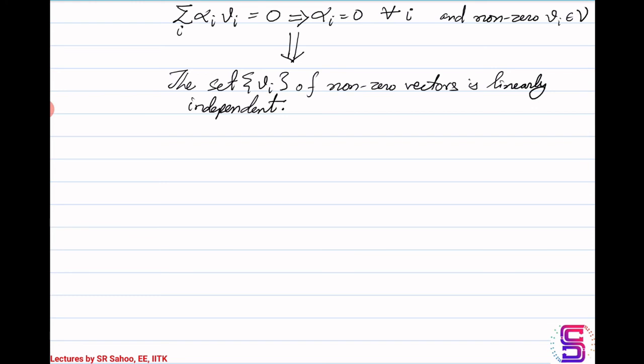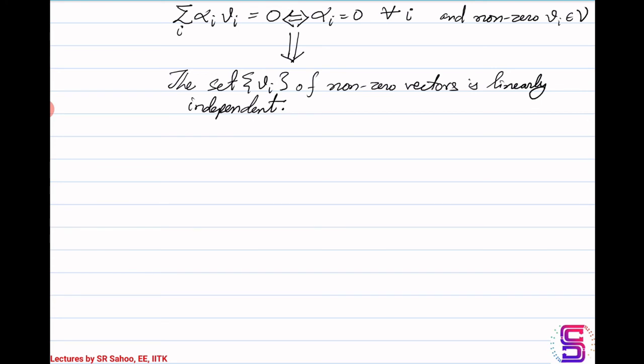Now if you solve this equation, and it so turns out that the only solution to this equation is such that all the alpha i's are 0.